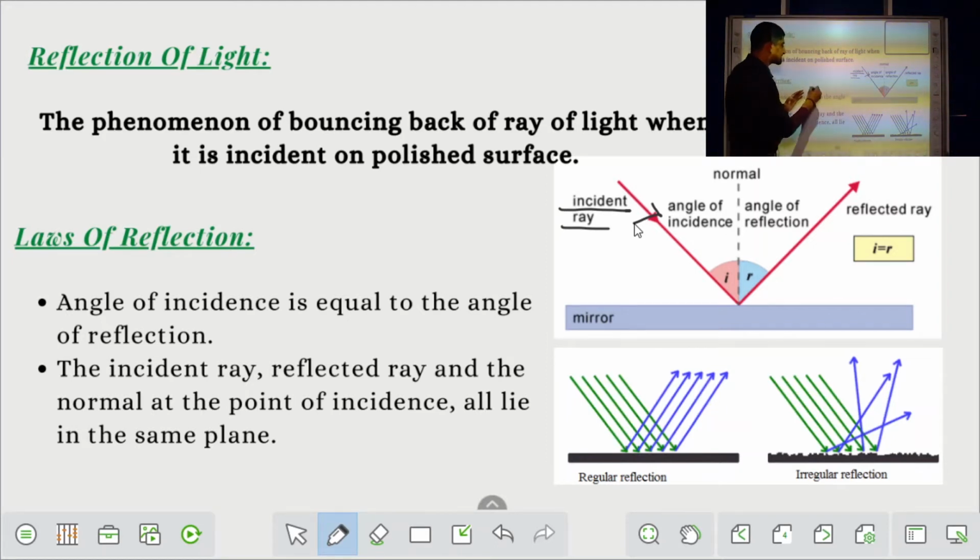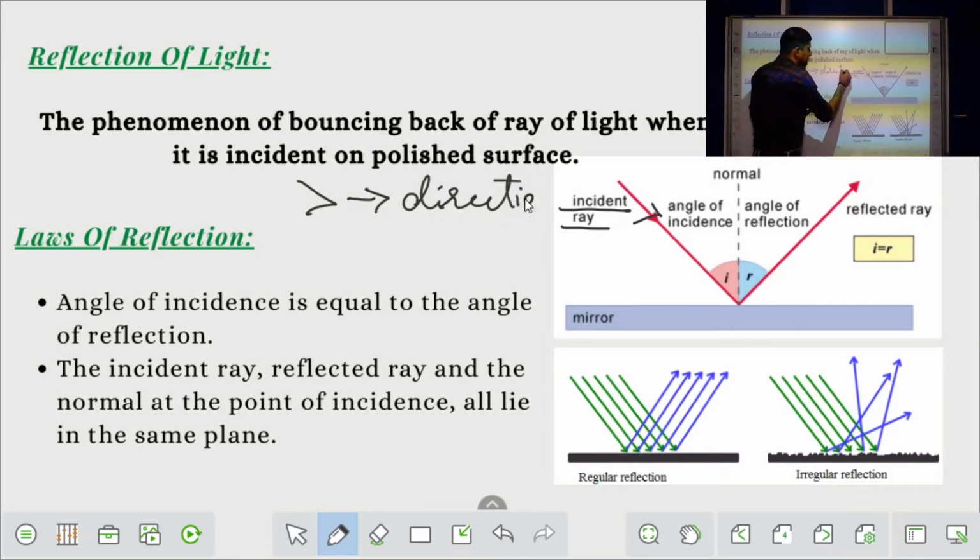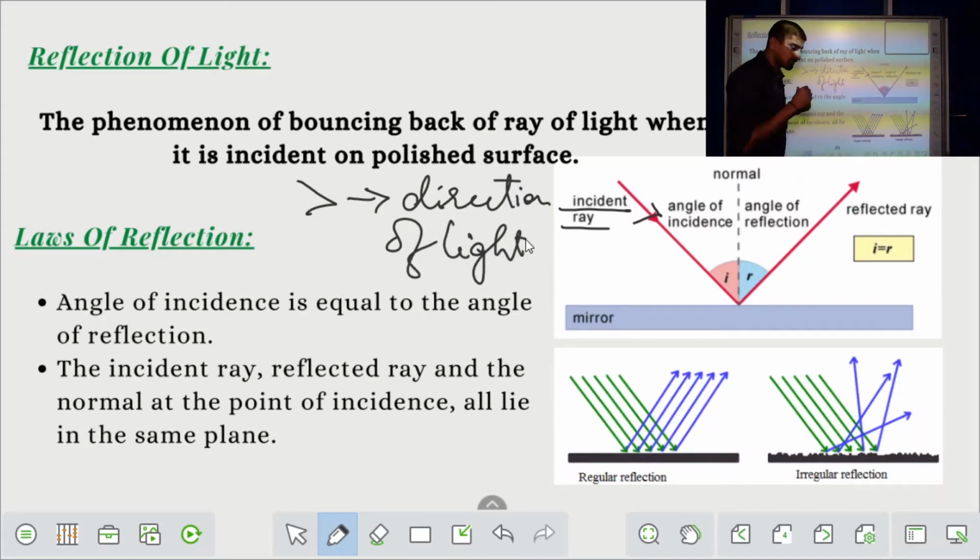What does the arrow mark say? The arrow mark is nothing but the direction of the light. Let it be very clear: if you forget to write the directions, you will be losing your marks. So let's practice that from the first slide. We will start practicing writing the arrow marks exactly where they have to be mentioned. Also the labeling part: when you're writing ray diagrams or any diagram, the labeling has to be very perfect. Clear? Fine.